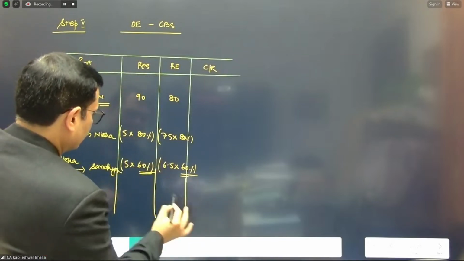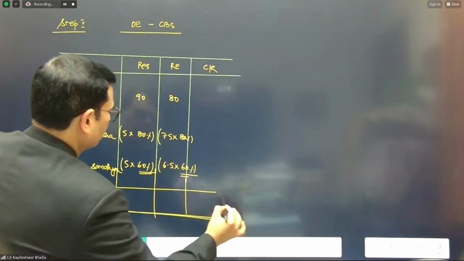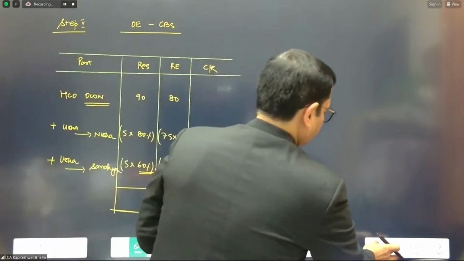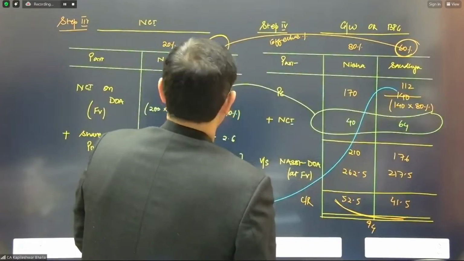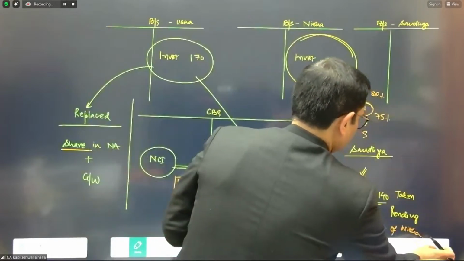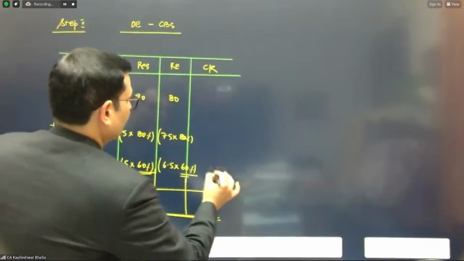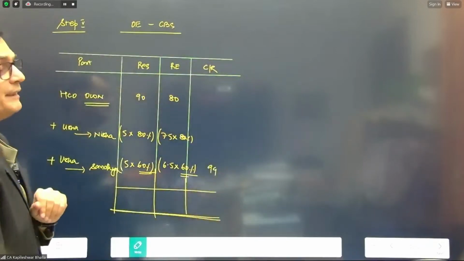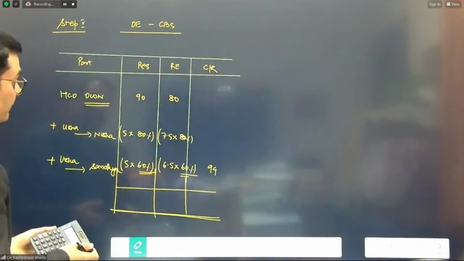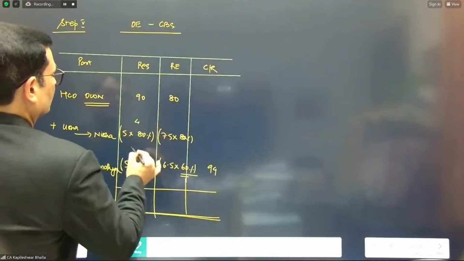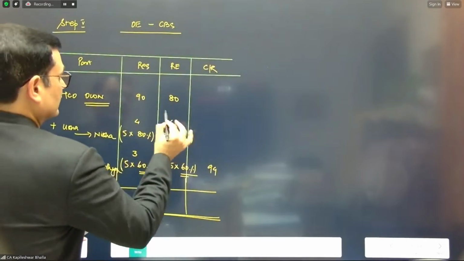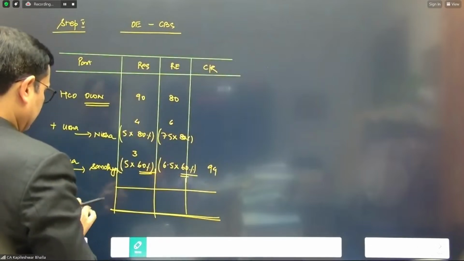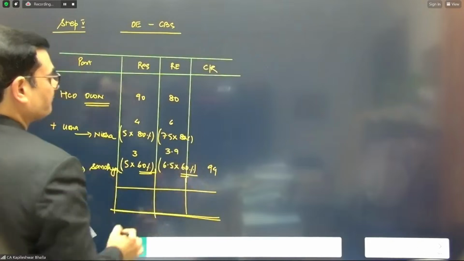Okay, so with this, I think everything is done and we can take the bargain purchase gain as well. My bargain purchase gain is appearing to the extent of 94. So let's put this as 94, that is bargain purchase gain. So we're going to get the total figures from the balance sheet point of view. So this is, I guess, 4, this is 3, and this is 80% 6, and this is 60% 3.9.